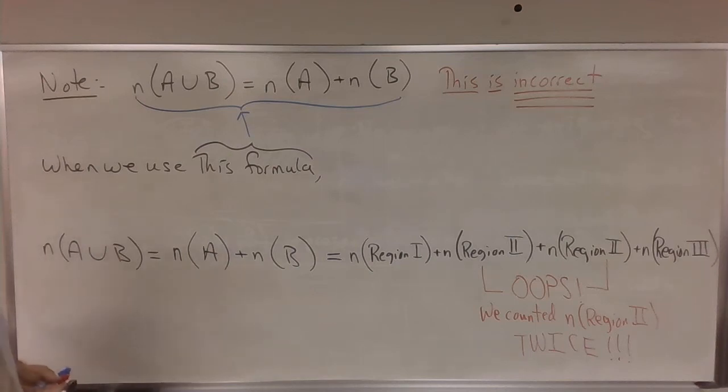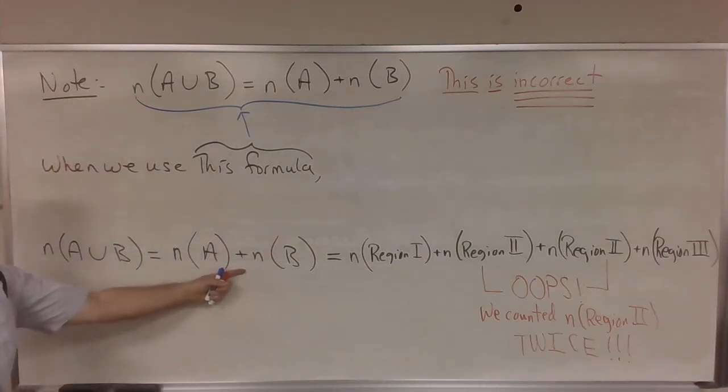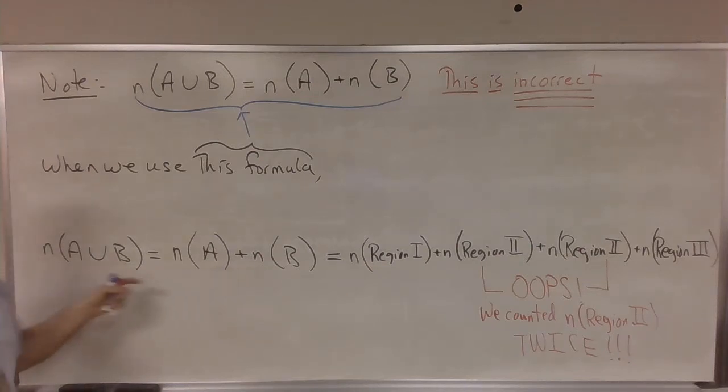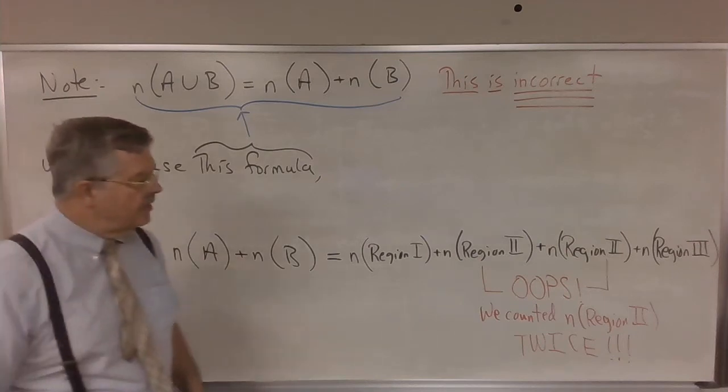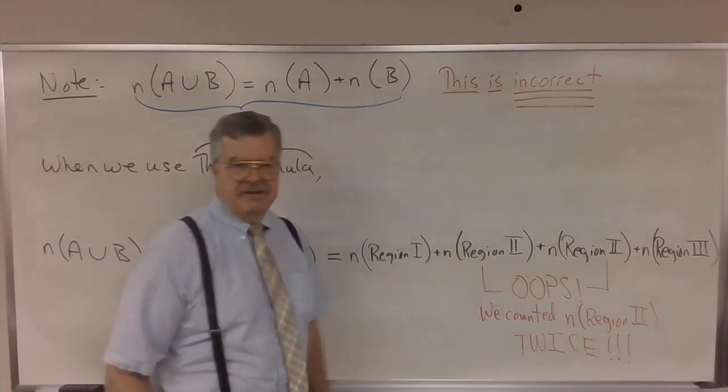And what's wrong about it? When we use this formula to count the number of elements in A union B, we're counting the elements in region 2 twice.